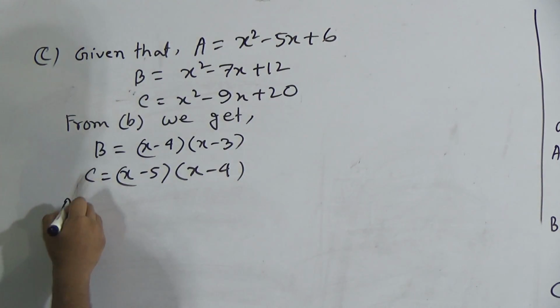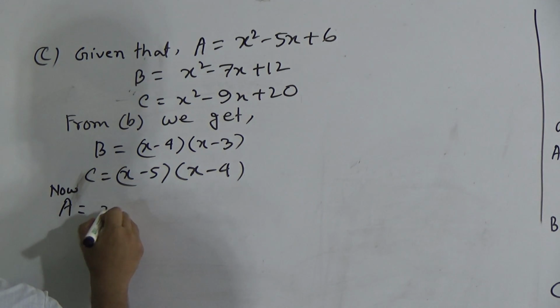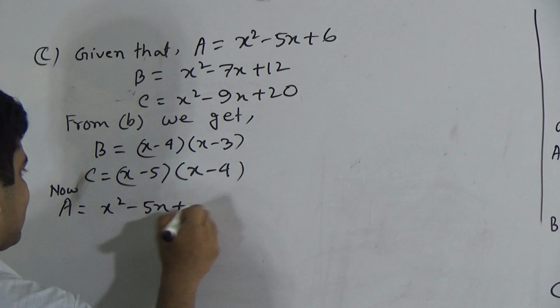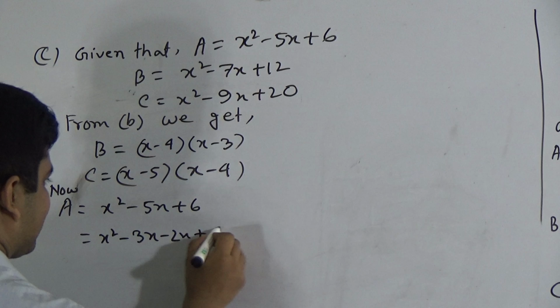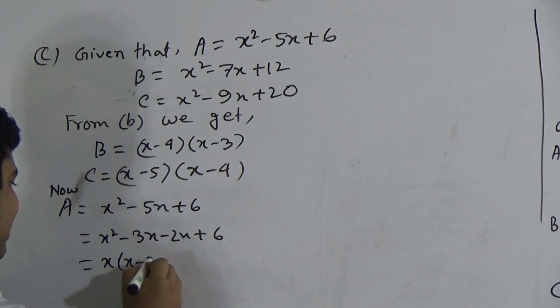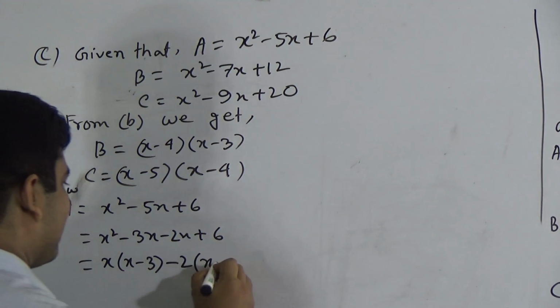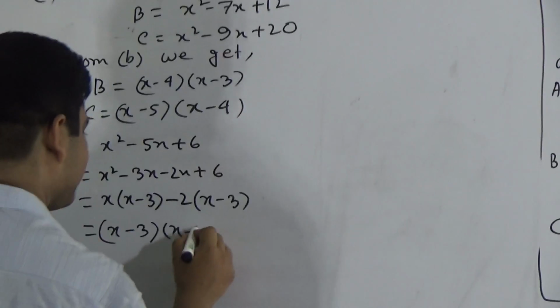So now a equal to x square minus 5x plus 6, so x square minus 3x minus 2x plus 6. We use here middle term break method. From these two terms, x common and left x minus 3, minus 2 common, left x minus 3. So x minus 3 common and left x minus 2.